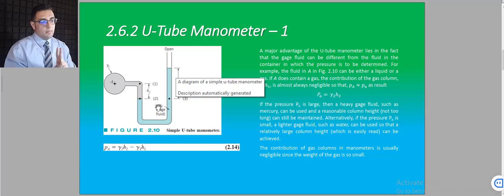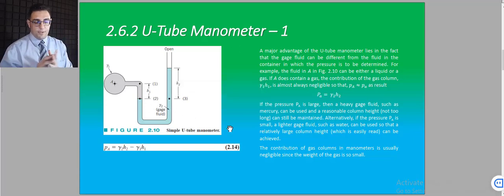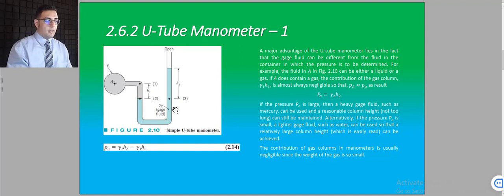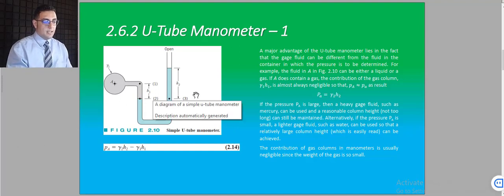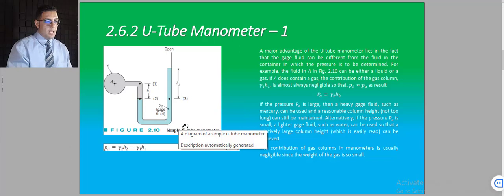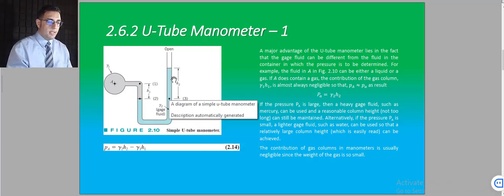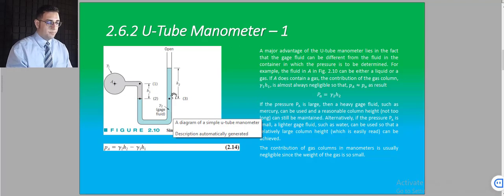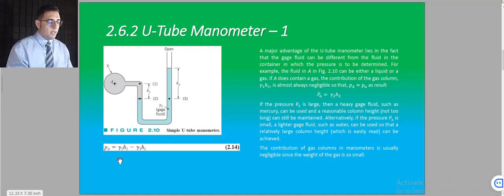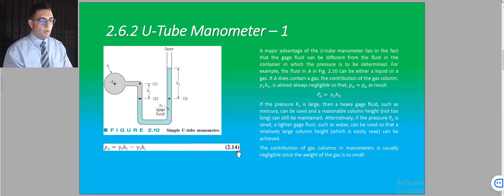So the point is, first, if we have a heavy liquid, the situation is going to remain the same. And if we have a light liquid here, it is better for us to increase the height here. The pressure of point A is gamma 2 H2 minus gamma 1 H1 due to equation 2.12.